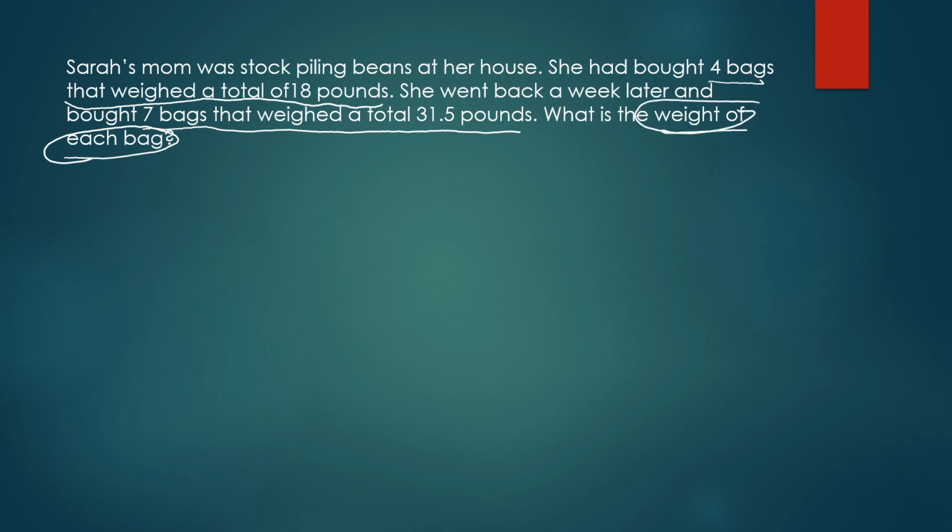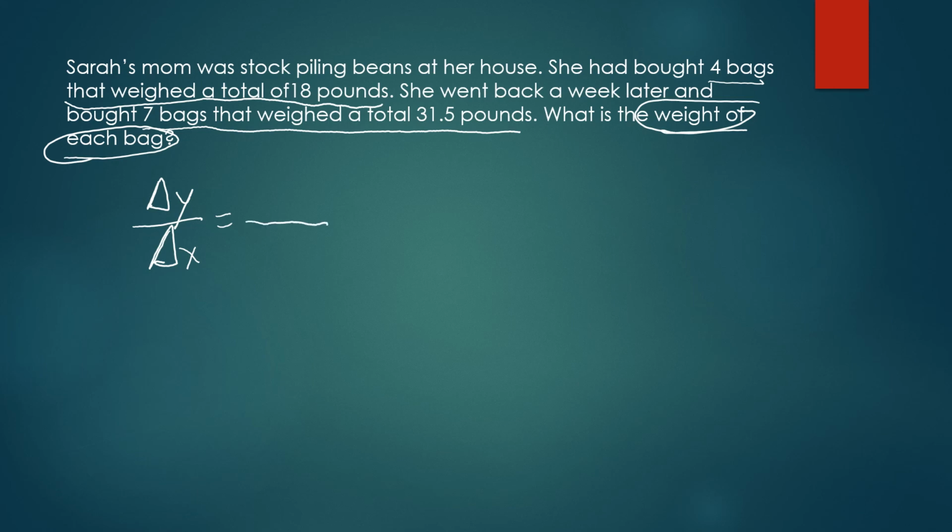So we need to figure out the rate this time. So instead of the problem giving us the rate, they're asking for the rate. Now, similar to the way we find slope, we're going to use change in y divided by change in x, or just your y value divided by your x value to figure out the rate. But we need to first establish what is our y and what is our x, what represents our dependent variable, which is the y, and what represents our independent variable, which is the x.